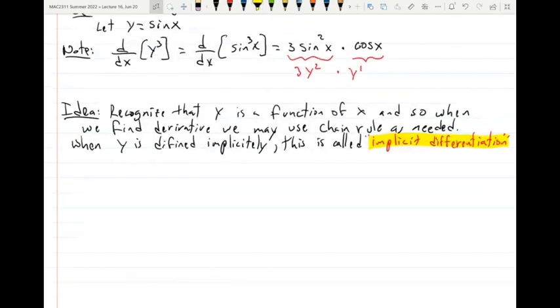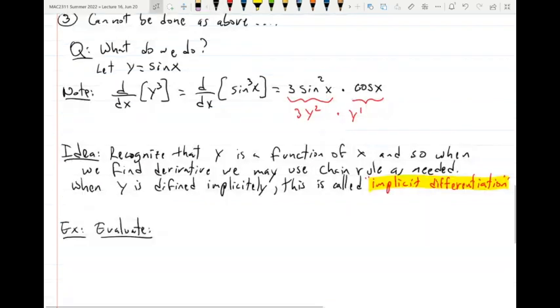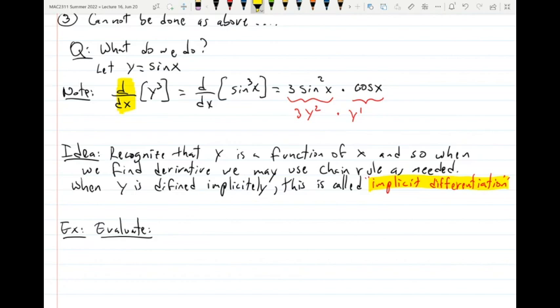Okay, so let's do some examples. So we already did above. Let me just evaluate. Here, Leibniz notation is kind of nice because you think of the derivative as an operator, something that you apply on an expression, and it will give you a result.